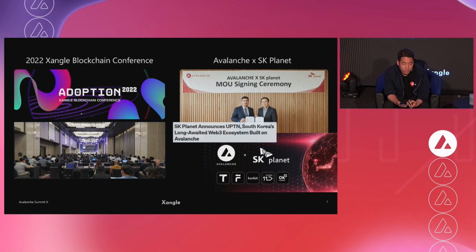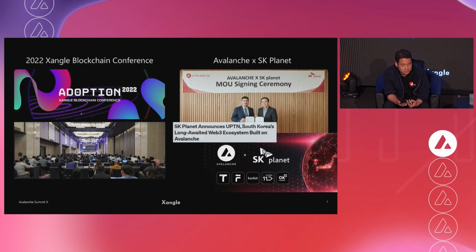In addition, we are connecting companies that are genuine in terms of adopting Web3 into their business with those mainnets that have solid foundations. Last summer, in the 2022 adoption conference that we hosted, we invited the most robust players from Web 2 and Web 3 together for them to learn about each other.